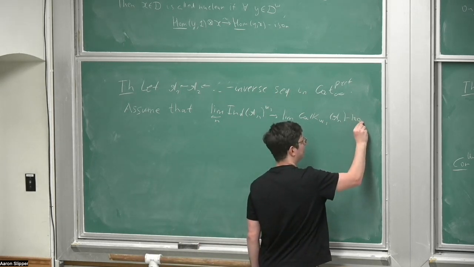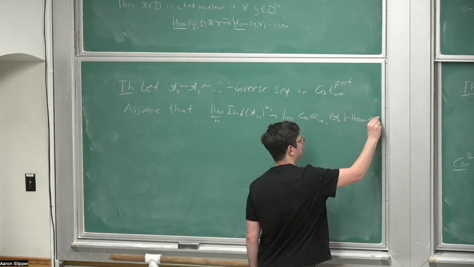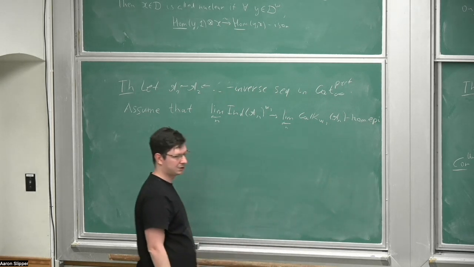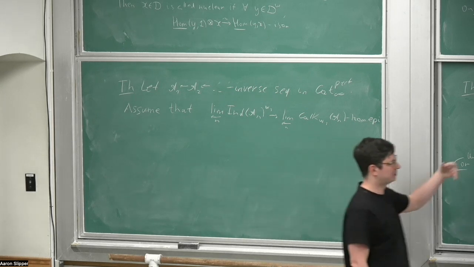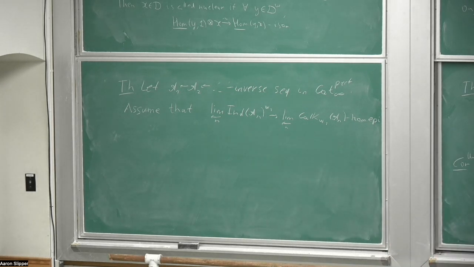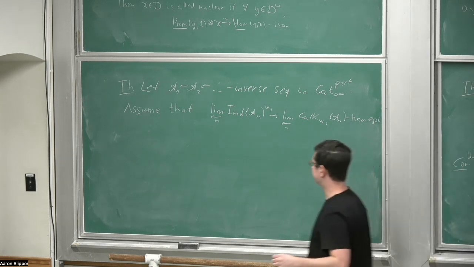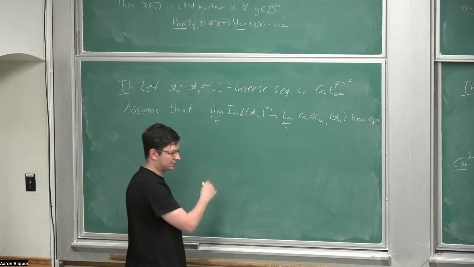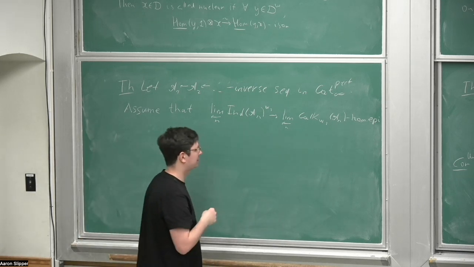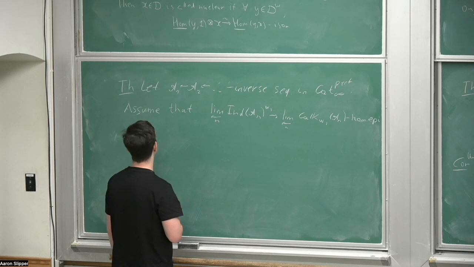Previously I explained that in the situation we are interested in, this condition is satisfied. And again, the level of complexity of this statement is similar to what I sketched here. So assume that we just know this statement holds.